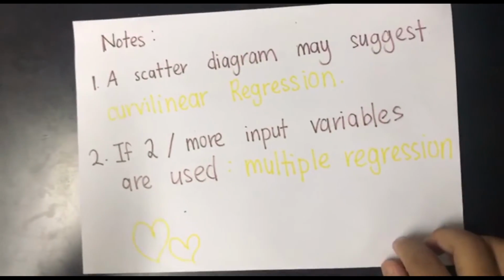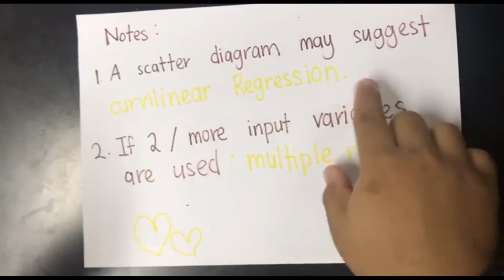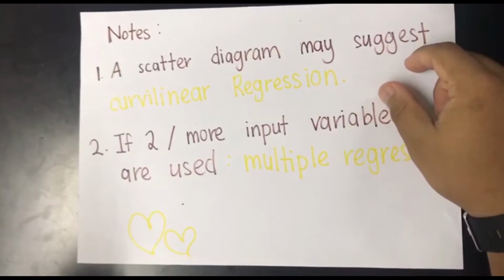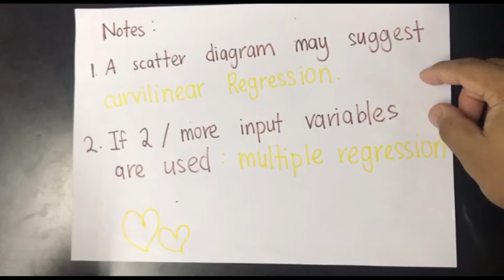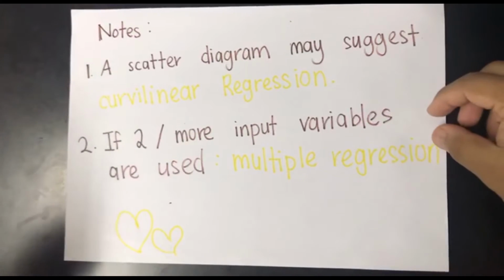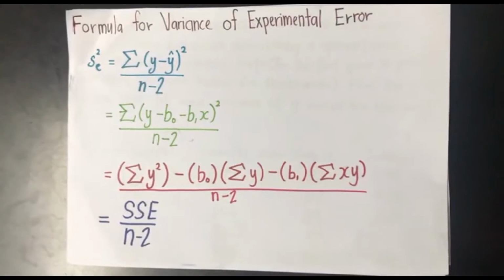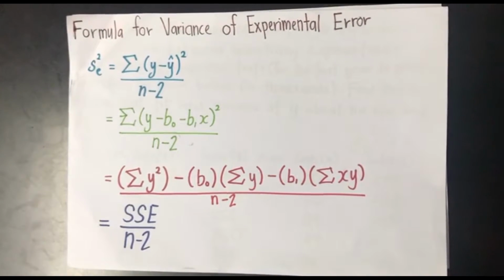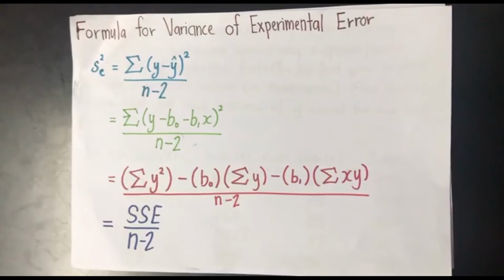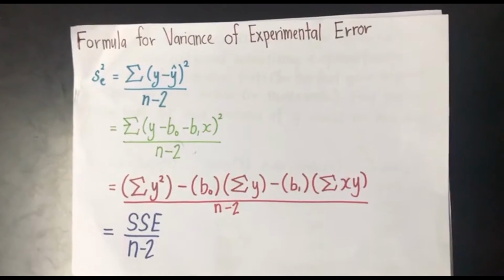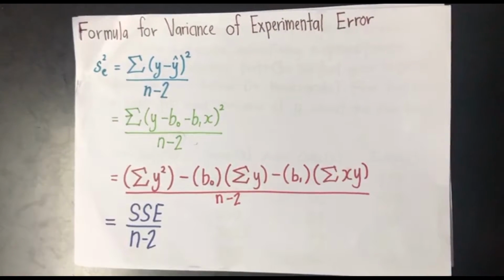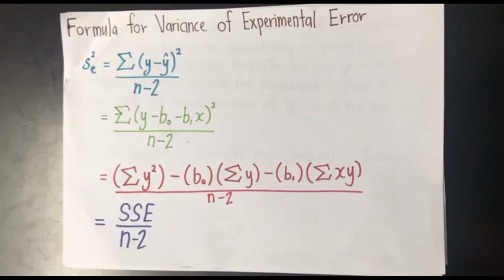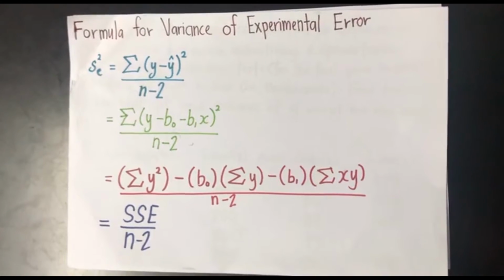You must know, ZAIM, a scatter diagram may suggest curvilinear regression. If two or more input variables are used, it is called multiple regression. So ZAIM, next, you must know about experimental error. So what is experimental error? Experimental error is errors that may occur in the execution of a statistical experimental design.